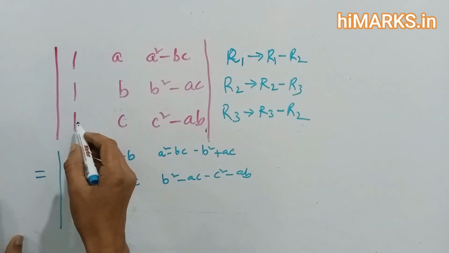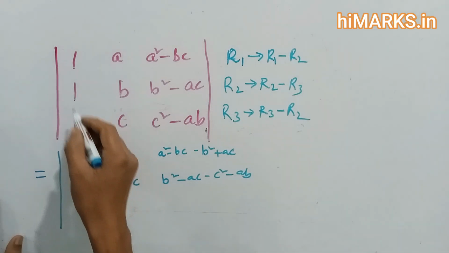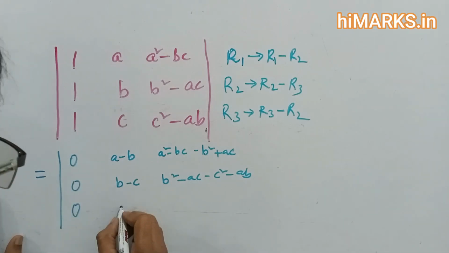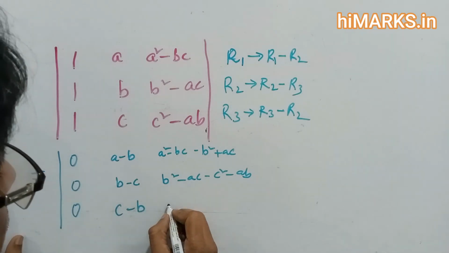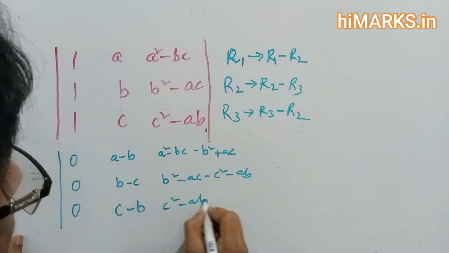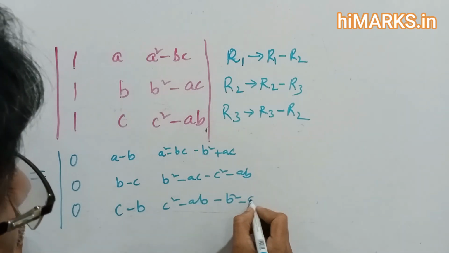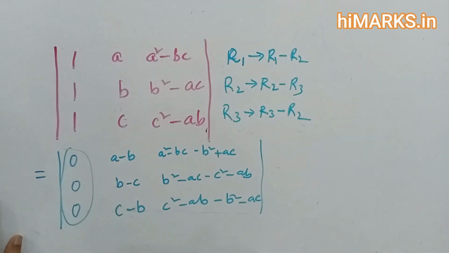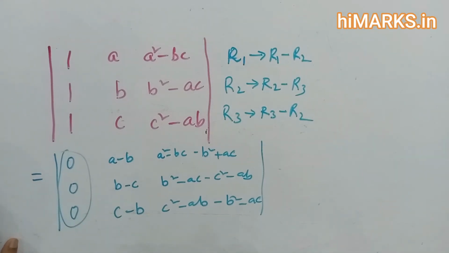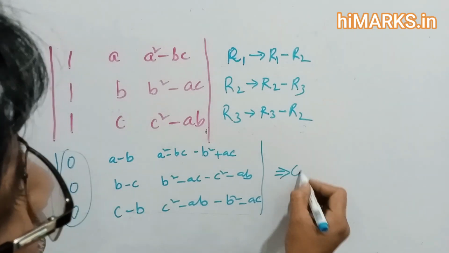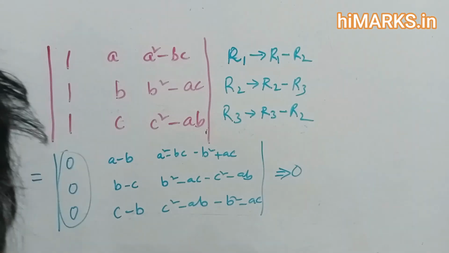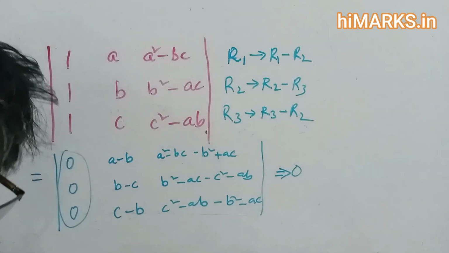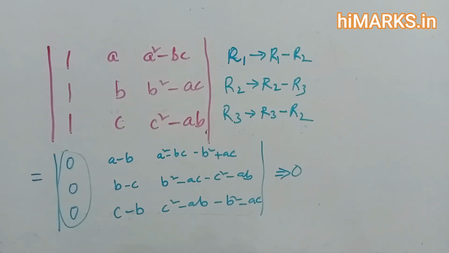And again, if we do this minus this, we get 0 here, c minus b, c square ab minus b square ac. So now we see that one of the columns has become 0, so this determinant will end up 0.